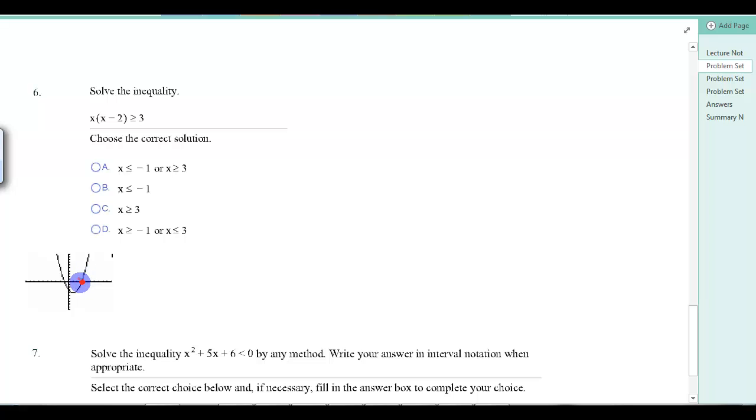So we know we have closed circles, and when you do your calculations, you would find that x is 3 and x is negative 1. We're finding above again, so we got that. So our solution, now we're not in interval, we're in inequality notation. So in this one, x is everything to the left of negative 1 and everything greater than 3 and equal to those. So we're going to be right here.